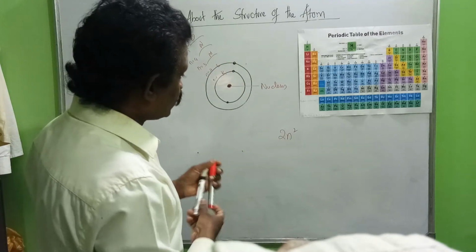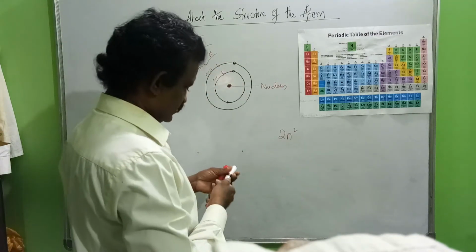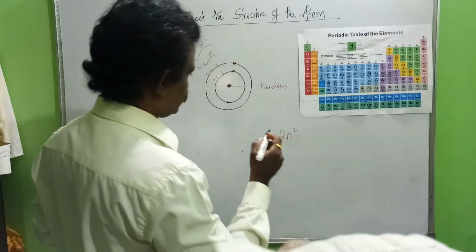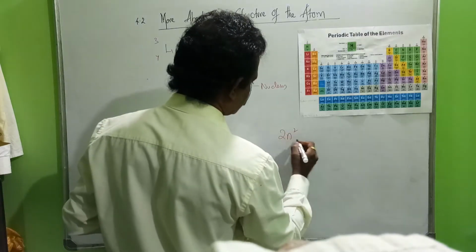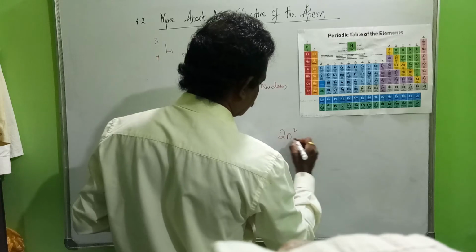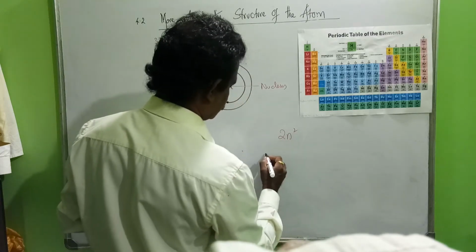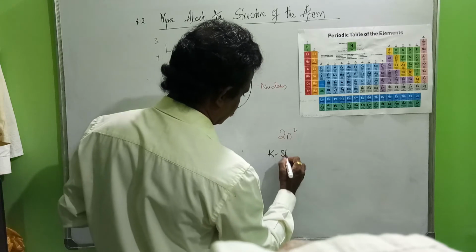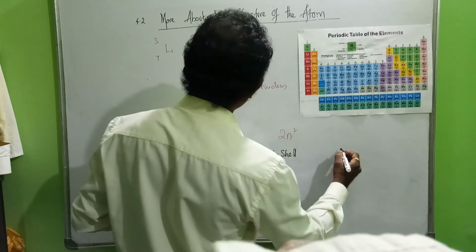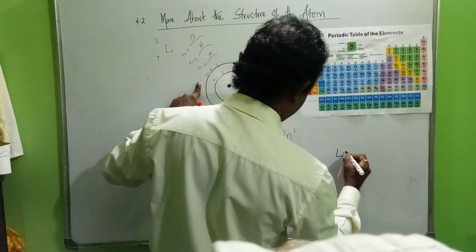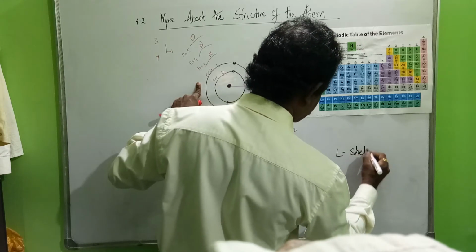Now, the one who has given this formula is Niels Bohr. Bohr has given this formula. Now, what does this formula represent? That means if I take the K shell and the L shell, we'll do for these two.